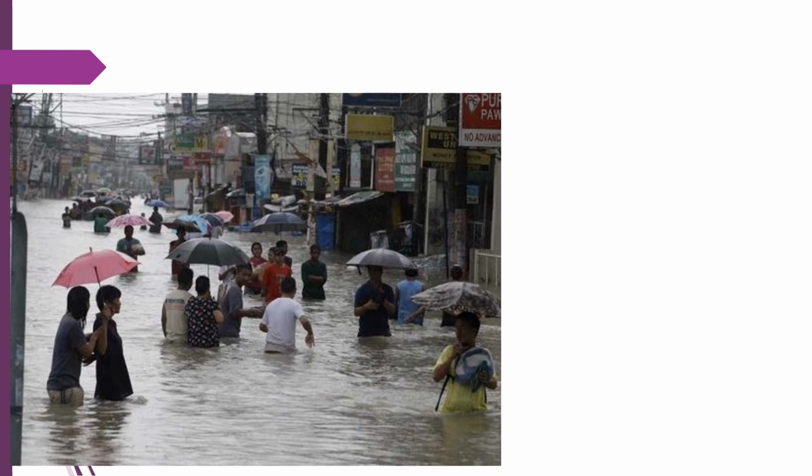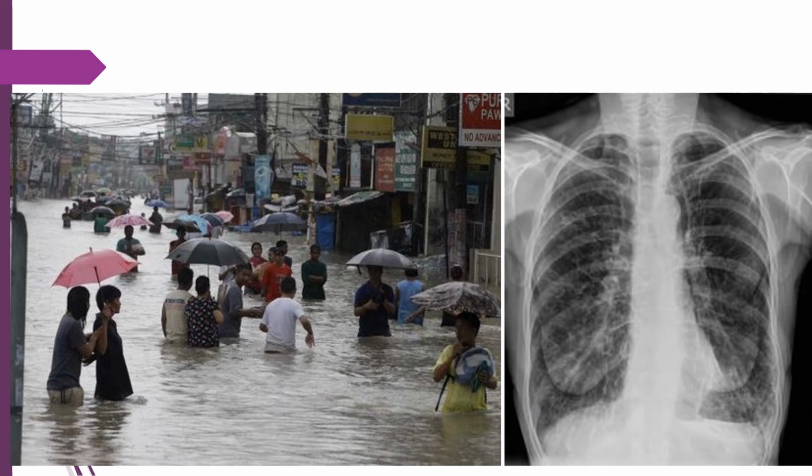Another example is X-ray. It has been utilized by humans for medical purposes. However, overexposure can lead to cancer, skin burns, and tissue damage. These are examples of physical hazards.